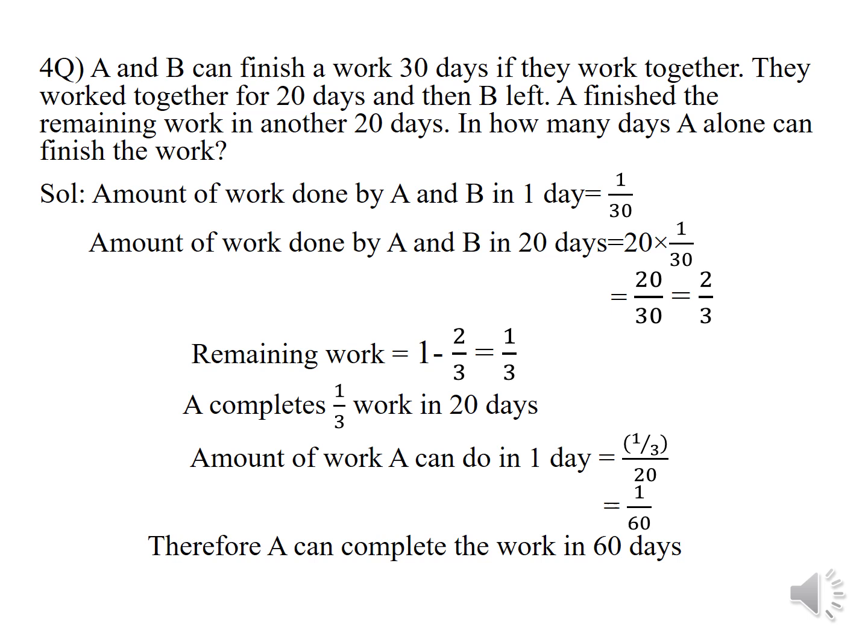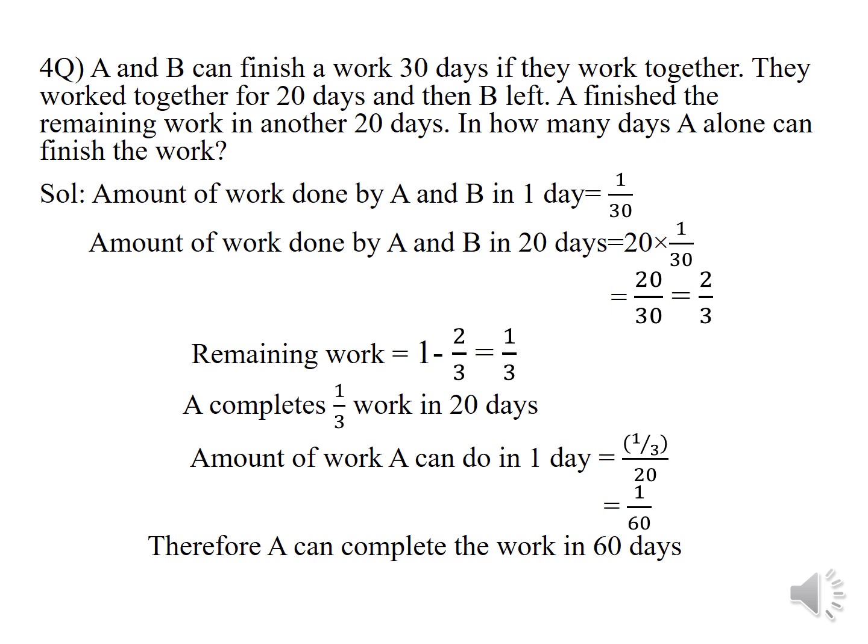What are the given conditions in the problem? Here, A and B can finish the work together in 30 days. Next point, A and B work together for 20 days. Third point, A finishes the remaining work in 20 days.